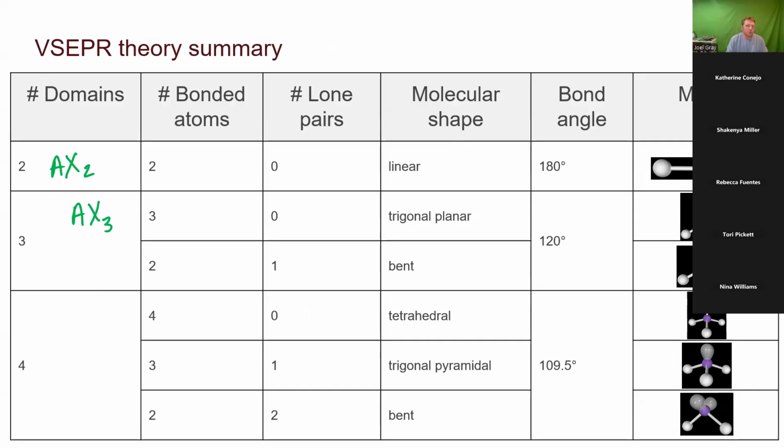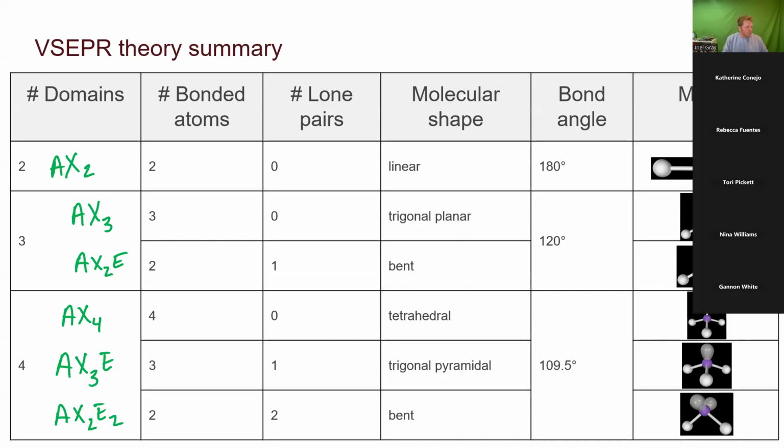AX3 is where a central atom has three bonded atoms. Then AX2E is where we have two adjacent atoms and then one lone pair of electrons on that central atom. Then AX4, AX3E, and then last but not least, AX2E2.